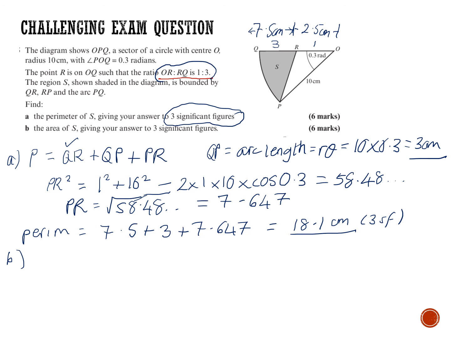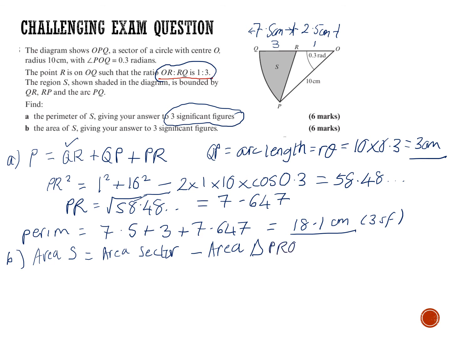Area of S. Okay, area of S. Now, it's a little bit of an unusual shape. But hopefully by looking at your diagram, you can see that the area of S we're going to get by doing the area of the sector, that's the whole thing, minus the area of the triangle PRO.